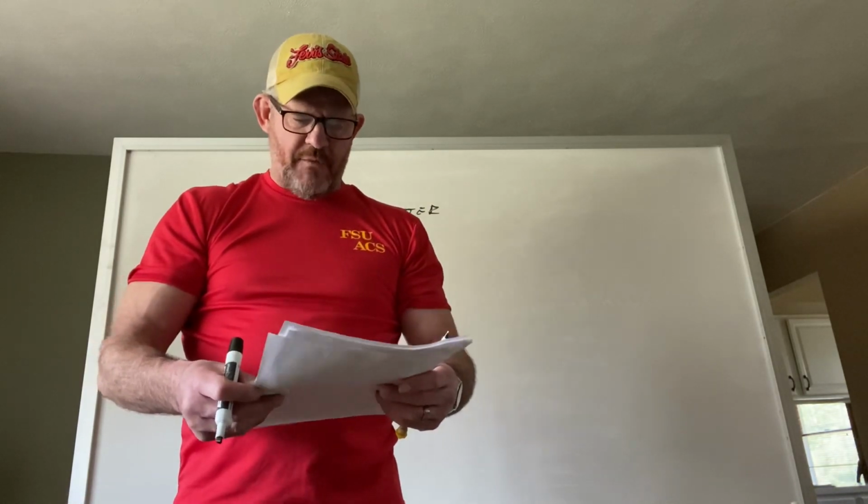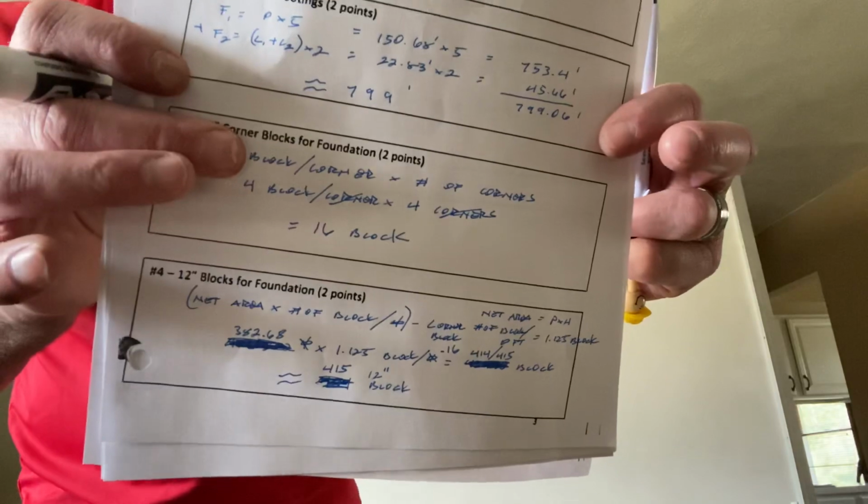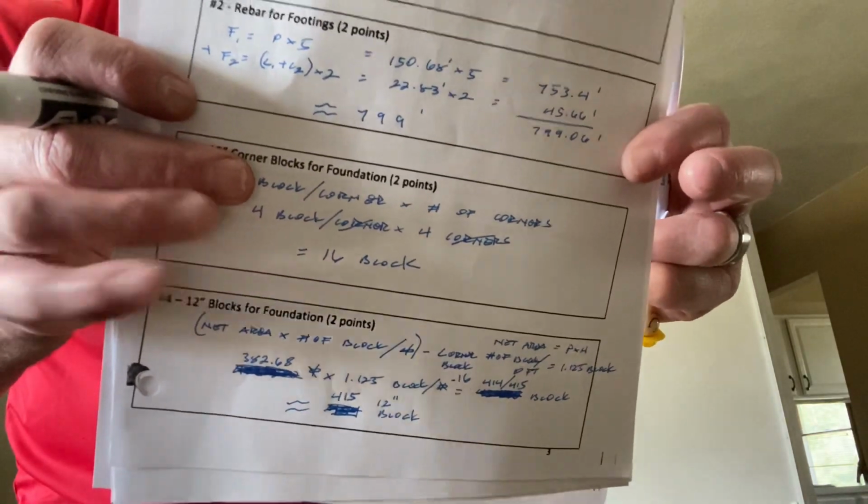So if we go to item number 4, hopefully we recorded our information well. Just like I talked to you at the beginning, we want to record that information well so that we can refer back to it all the time. We can see that our net area is going to be our perimeter times our height of block, our height of our wall. So I'm looking for it in mine, of course.